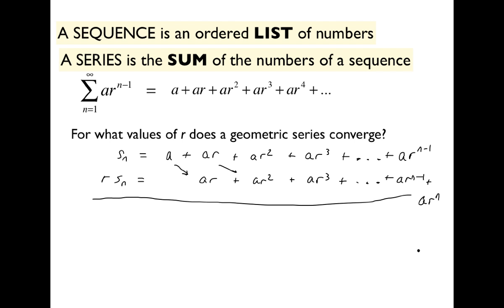So we get Sn minus r times Sn equals, when we subtract, a, then 0, 0, 0, and then plus ar to the n minus ar to the n. Do you see what happened? On the left, I subtracted the second from the first, and on the right, the second from the first.